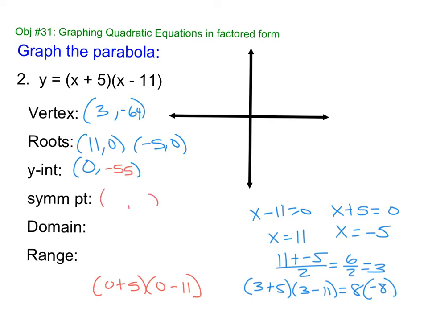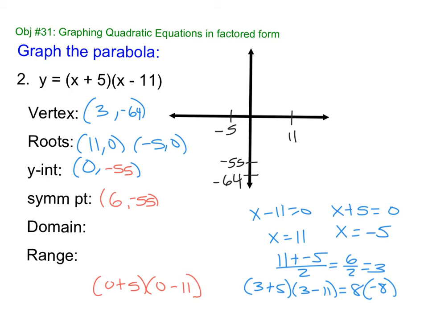Symmetric point, double the vertex, so 6. And then the y-intercept. So let's start with this graph. I need to go down to negative 64. I need negative 55. I need 11. Negative 5. I try to make it as close to accurate as I can.